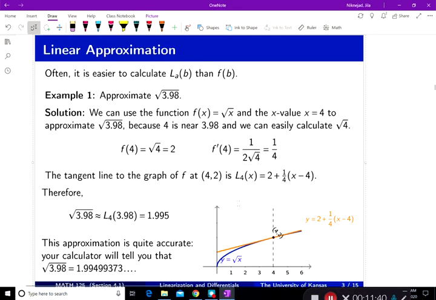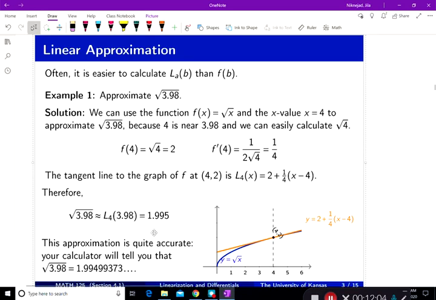And now look at the picture. So in here we figured out this value. The actual value, this is really what your calculator does with Calc 2 information, is 1.9949. Look how close this time I got to the actual value.